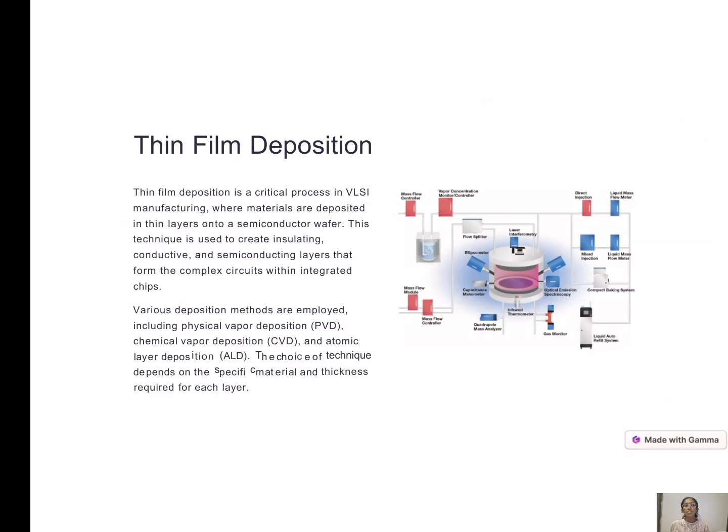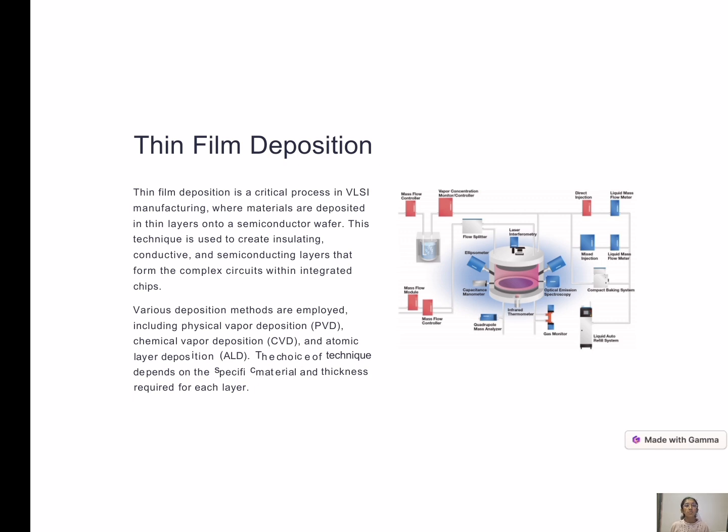Thin film deposition is a critical process in VLSI manufacturing where a material is deposited in a layer onto a semiconductor wafer. This technique is used to create insulating, conducting and semiconductor layers that form a complex circuit with integrated chips.